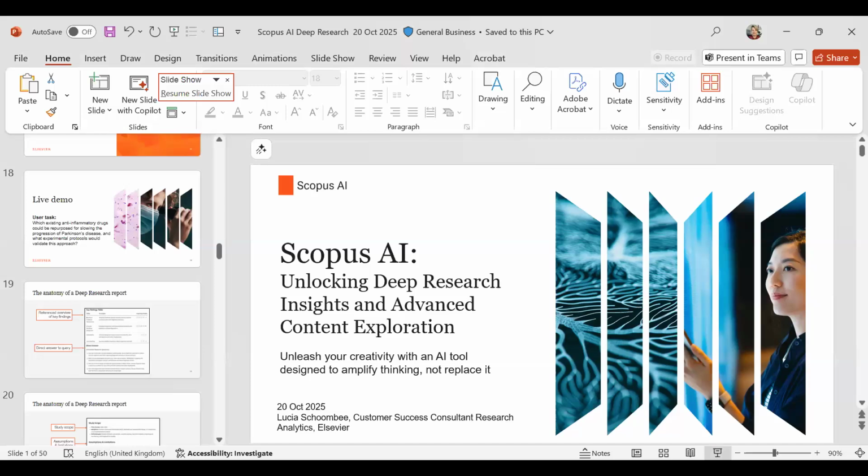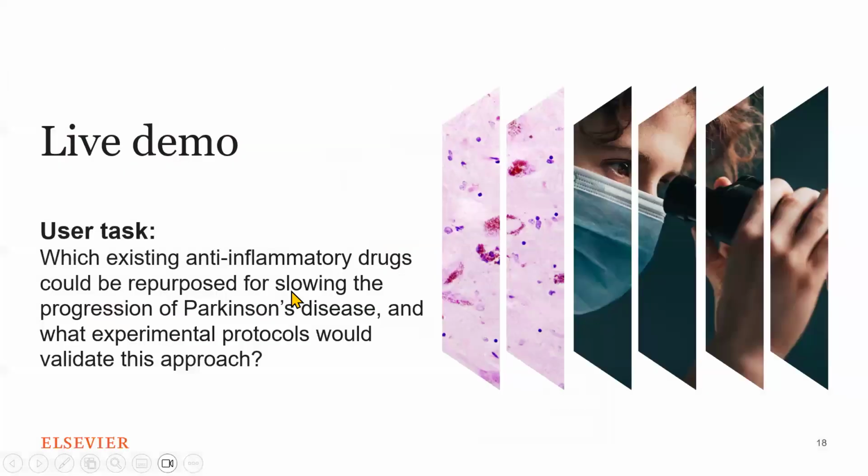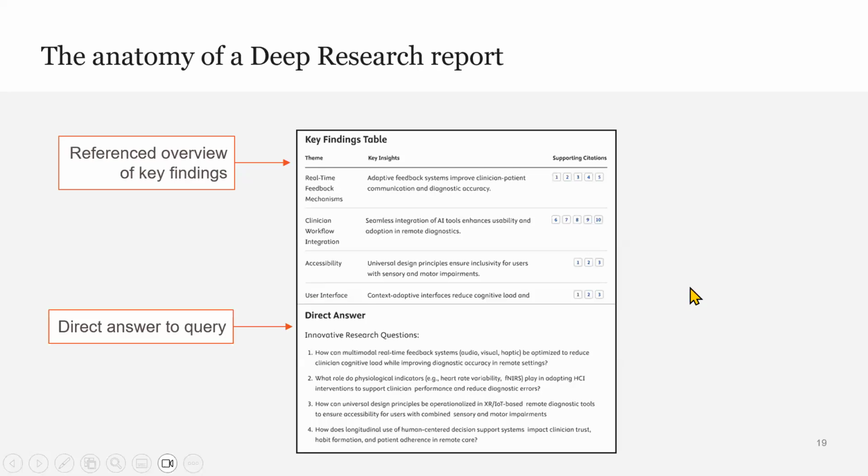I have some slides covering the response that you can expect from the deep research, right? So the deep research, as I mentioned previously, is for when you have a complex interdisciplinary query, and Scopus AI will look at this and give you a report. The report is in a PDF format that you can then download.